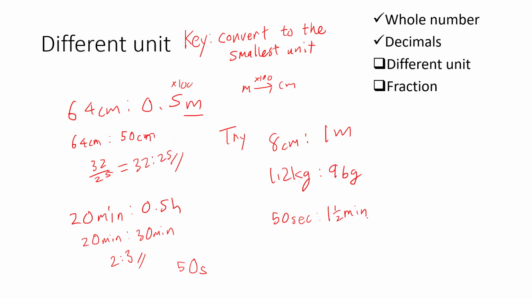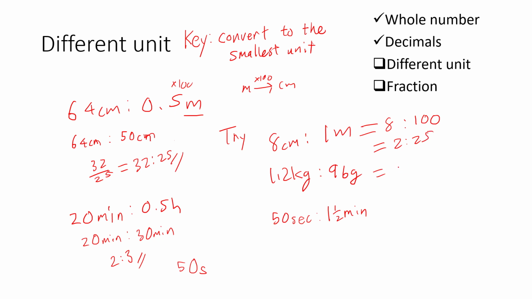Now, I trust that you have done your work, so let us see whether you got the correct answer. The first one is 8 is to 100. So you will get 2 is to 25.